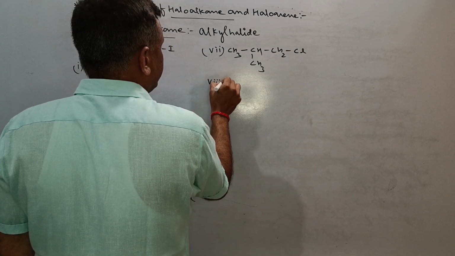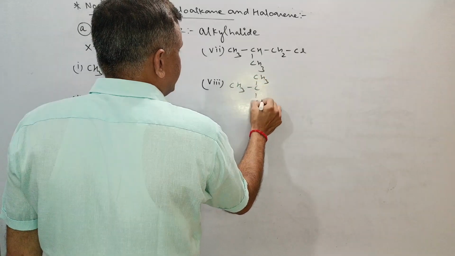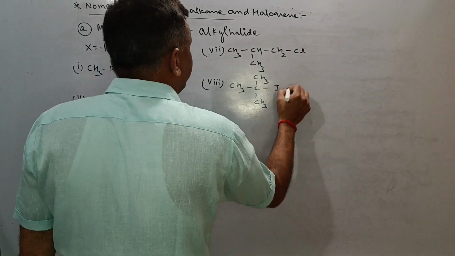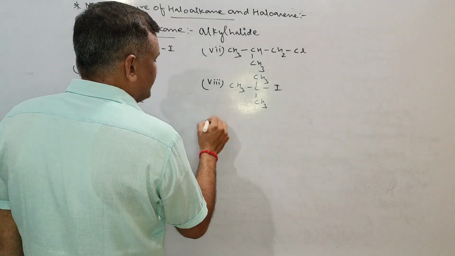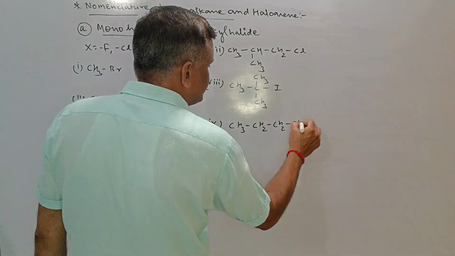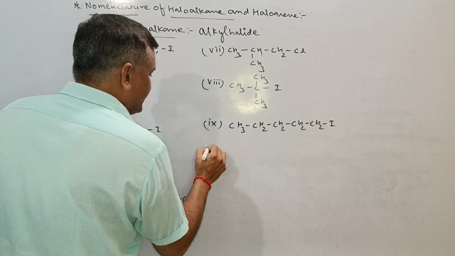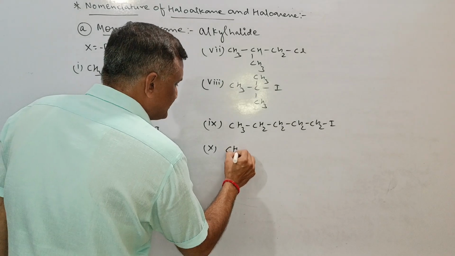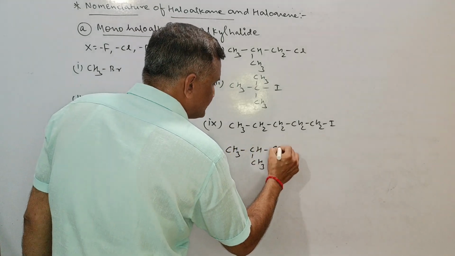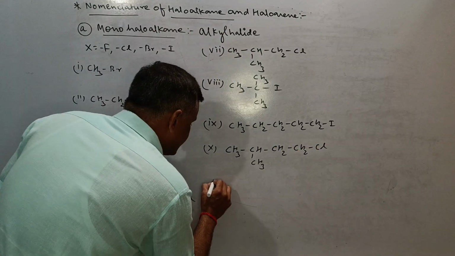The eighth compound is C, CH3, CH3, CH3 with I. For the ninth compound, take a 5 carbon chain, CH2, CH2, CH2, CH2, and I also. For the 10th compound, CH3, CHCH3, CH2, CH2, Cl.